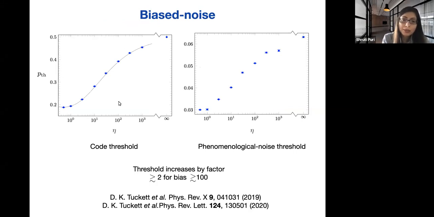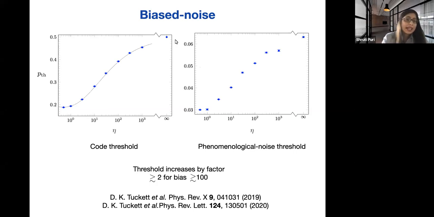This first plot shows the code threshold for the surface code against bias noise errors. The x-axis shows the bias and the y-axis shows the threshold. Here there are errors only on your data qubits, but the syndrome extraction circuit is perfect. As you see, as the bias increases, the threshold increases, and when there's infinite bias, so only pure Z errors, then the threshold becomes 50%, which is the threshold for the repetition code.